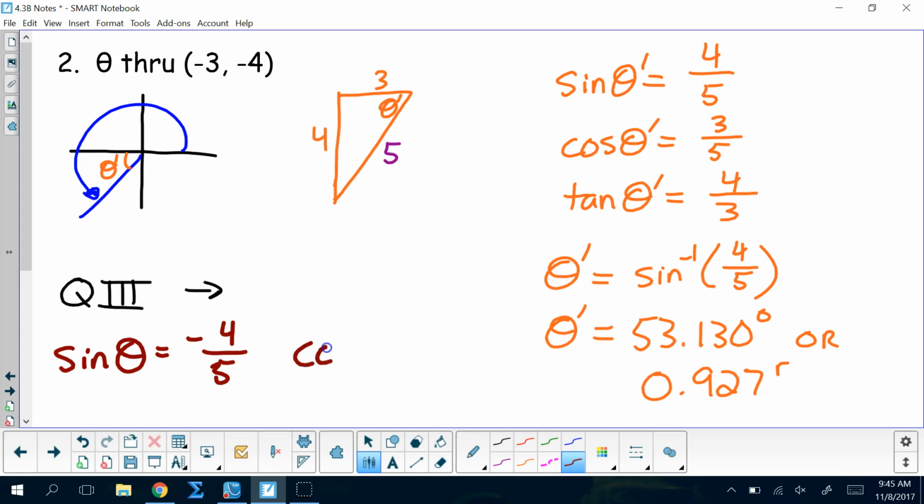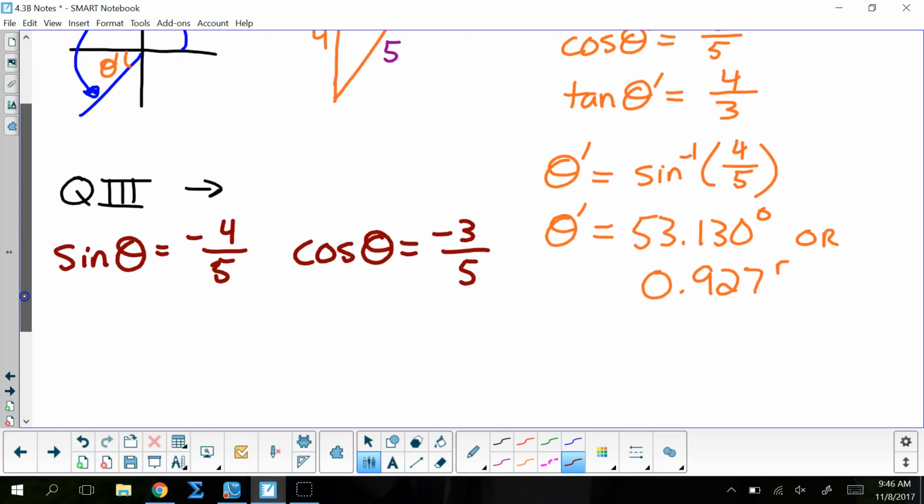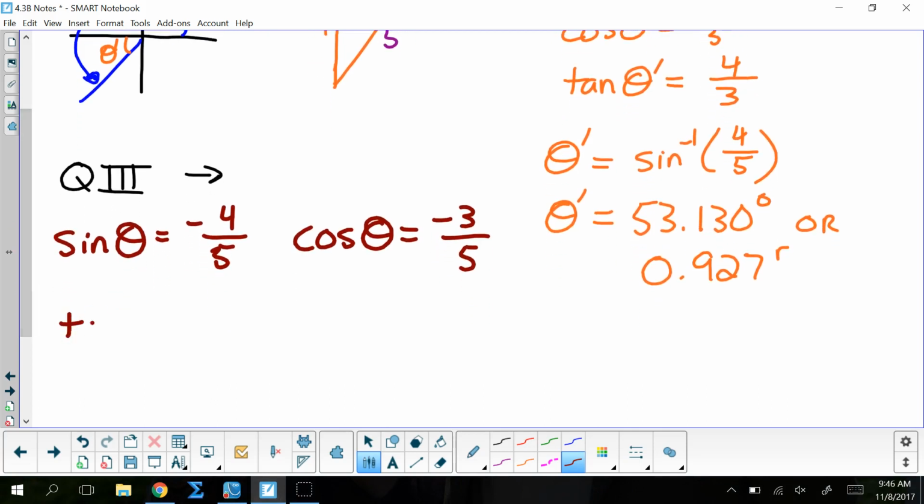The cosine of theta would be negative 3/5. The tangent of theta would be 4/3, because that's the one that you said was positive in quadrant number 3.